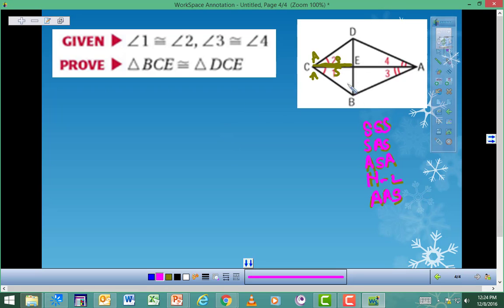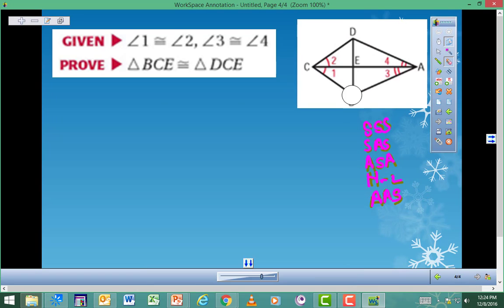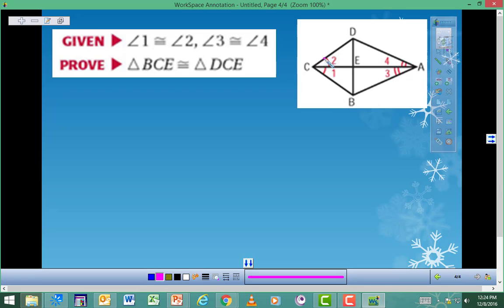Okay, so what could I do? Here's my plan. Sometimes this takes a lot of work. I notice there are other groups of triangles in here. There is this triangle that's on top. I could prove that that one's congruent down to here, and I don't think that one would be that hard.